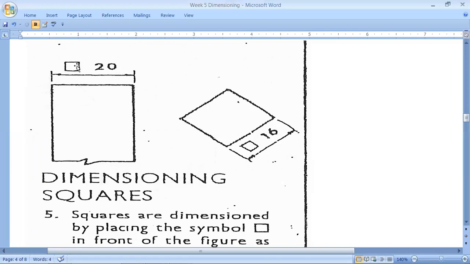If no square is in front of the value, it might be talking about something flat, something sheet metal, something that is not square. When the object is square, it is recommended to place this symbol or sign in front in order to specify that the front part of this is a square shape.